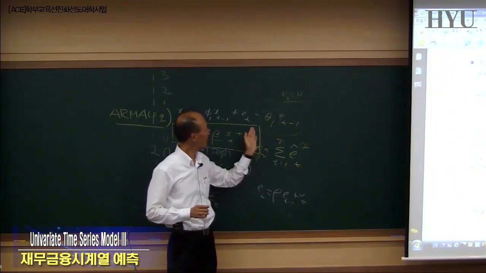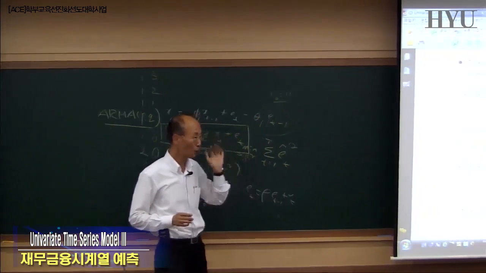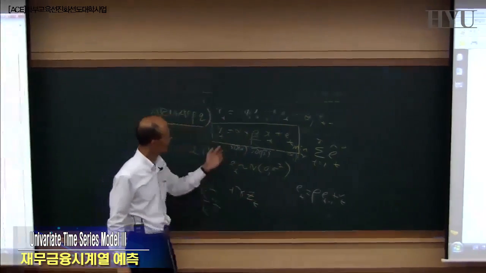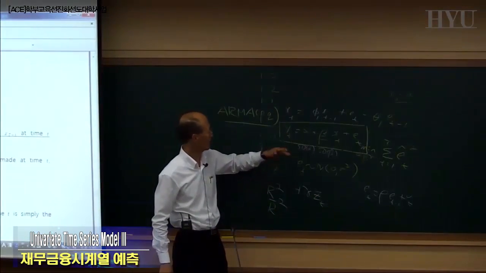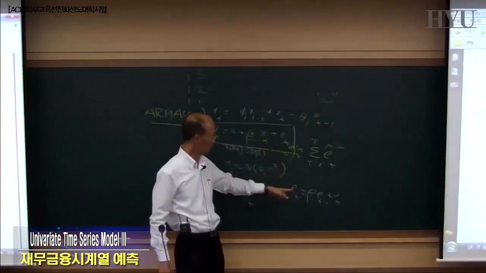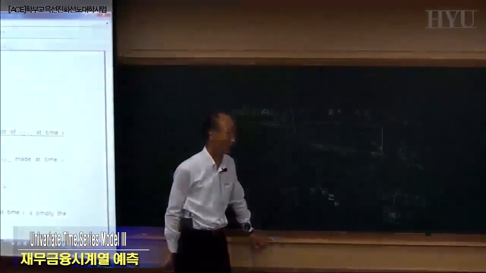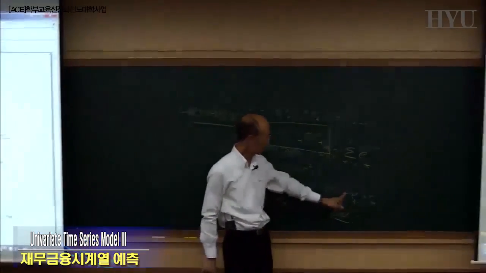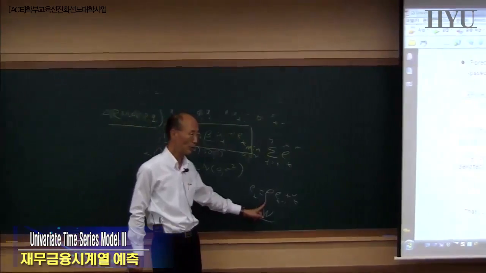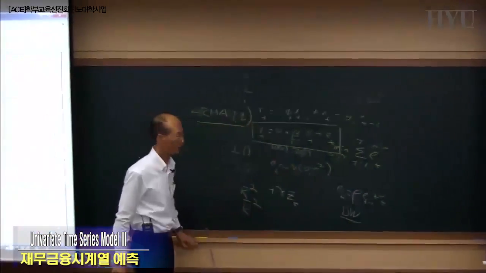And I said we usually check for the presence of serial correlation using the Q statistics in time series analysis, whereas in usual econometrics or statistics textbooks, they refer to the Durbin-Watson statistic to see whether there is positive serial correlation if rho is positive, or negative serial correlation if rho is negative, within some range.